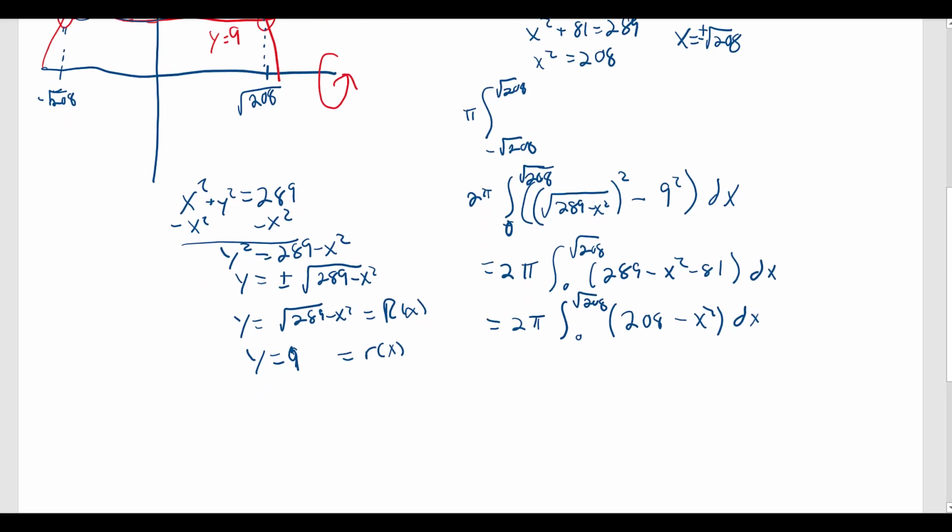So if we integrate that, we have 2 pi times the integral from 0 to the square root of 208. Okay, so we have 208x minus x cubed over 3, and we evaluate this from 0 to the square root of 208.